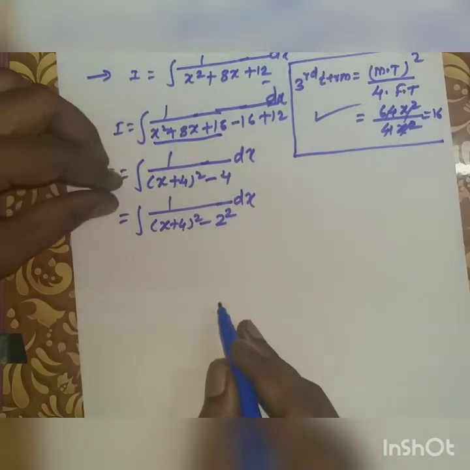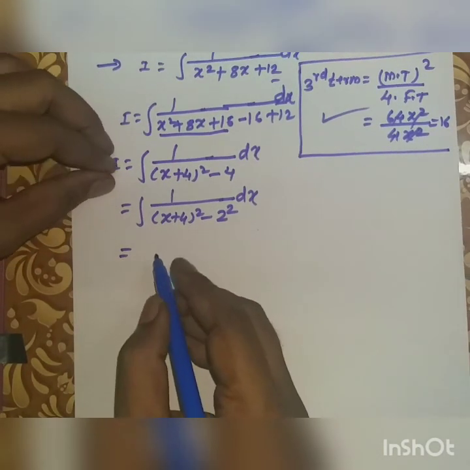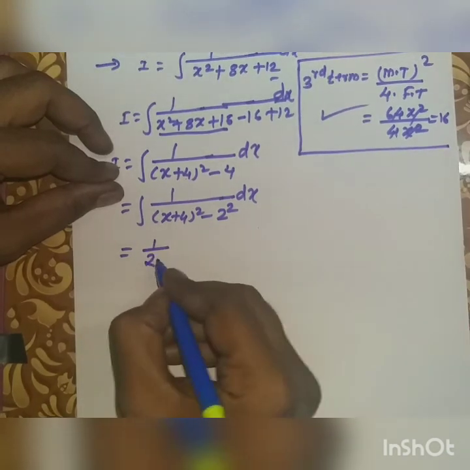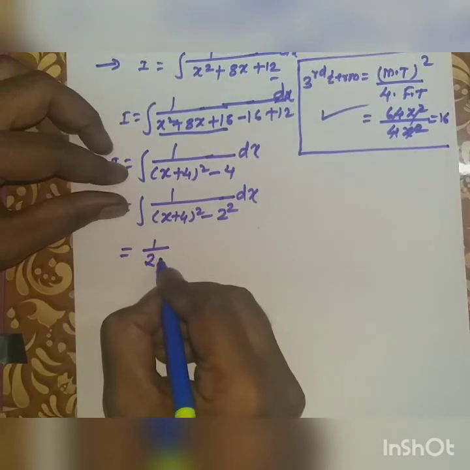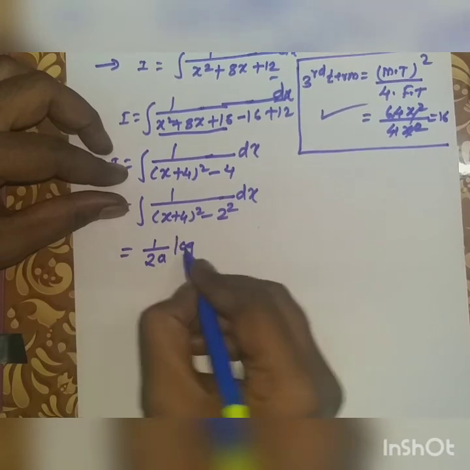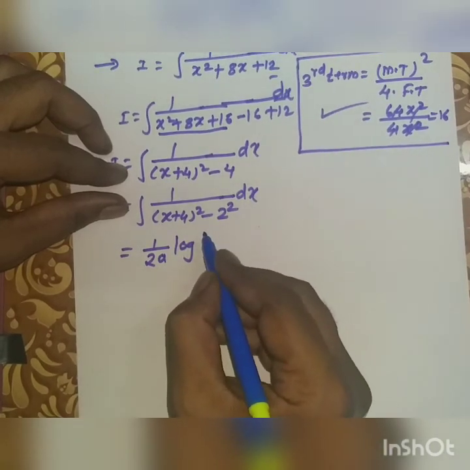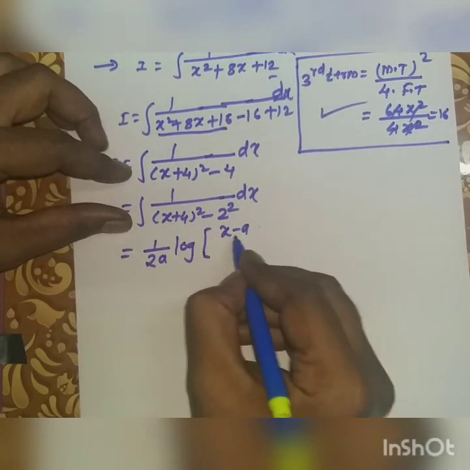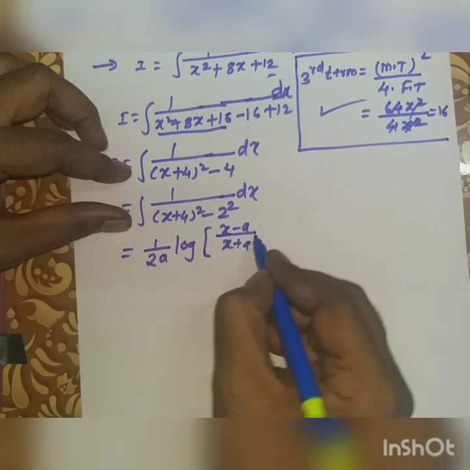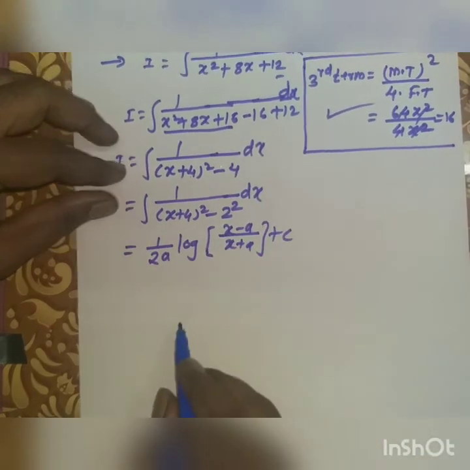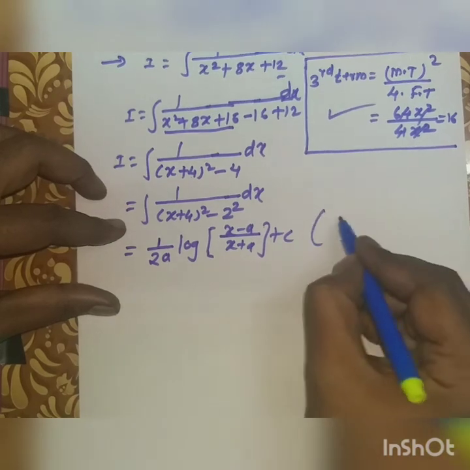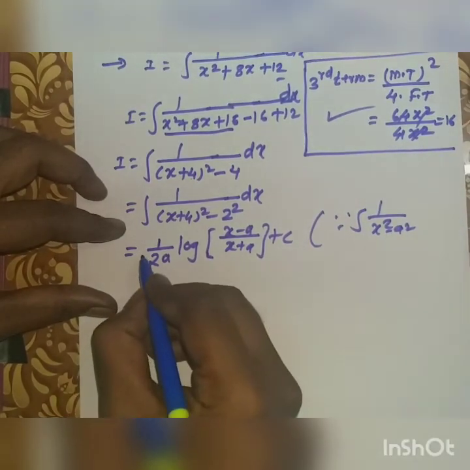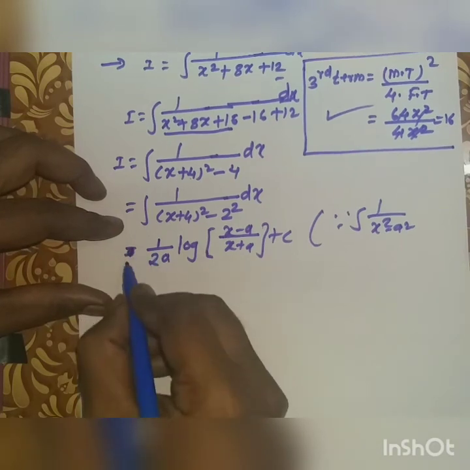Then we apply the formula, 1 by twice a, 1 by 2, we write the first formula, 1 by 2 log of x minus a divided by x plus a plus c. Now which is the formula for integration of 1 divided by x square minus a square. Now we cannot write an equal sign here.